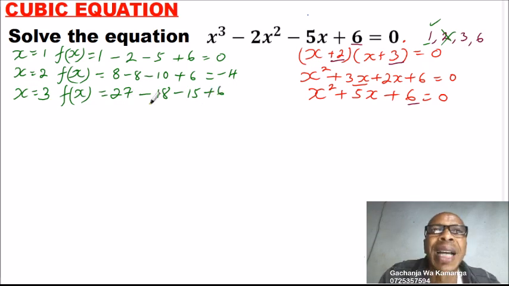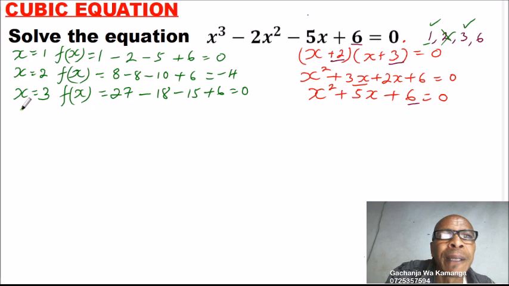So 27 minus 18 gives us 9. Then 9 minus 15 gives you minus 6, plus 6 gives you 0. So it means 3 is also one of the numbers.